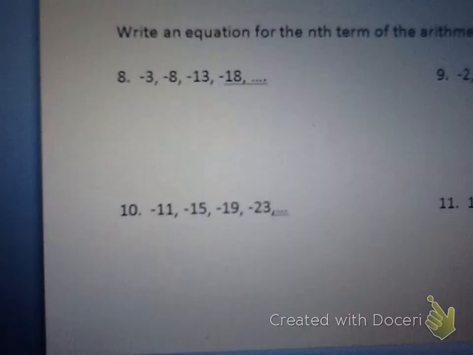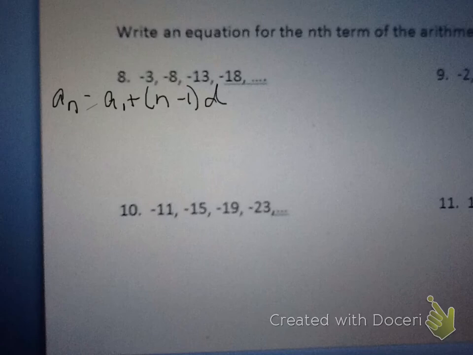Here's 2 problems from your worksheet. Let's work these 2 problems together. It says write an equation for the nth term of the sequence. Okay, again, we write the formula. A sub n is equal to a sub 1 plus n minus 1 times d.